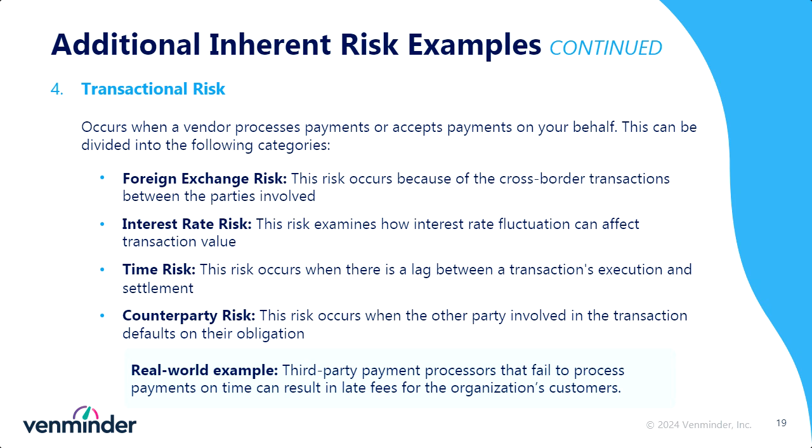If your vendor is processing payments late for your customers, that could result in late fees and probably some significant reputational damage and even regulatory fines for your organization. Transactional risk is usually one that's rated high because of its impact on other risk areas like reputation, compliance, and operational.